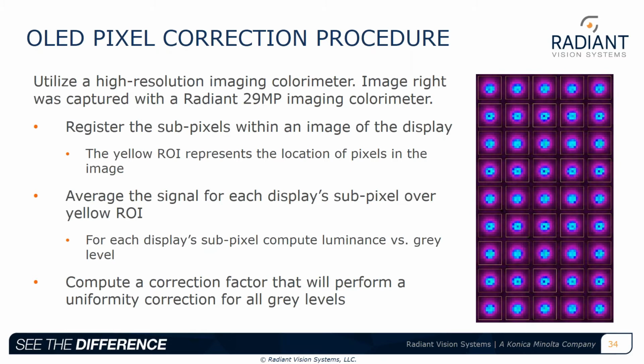We will perform this process for many gray levels to build the pixel response over gray level. Based on the response of the pixel over gray level, we can compute a correction factor that will perform a uniformity correction for all gray levels.